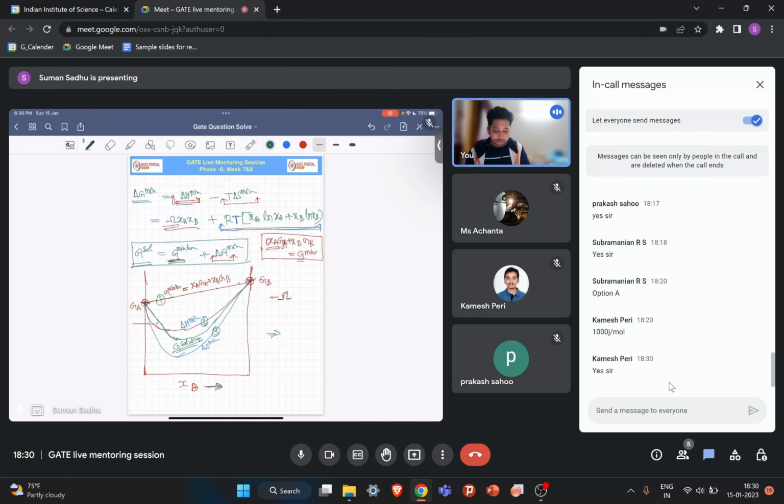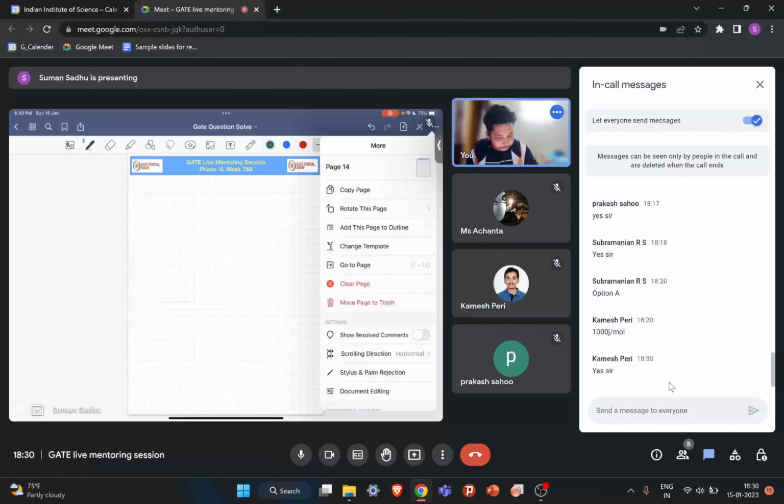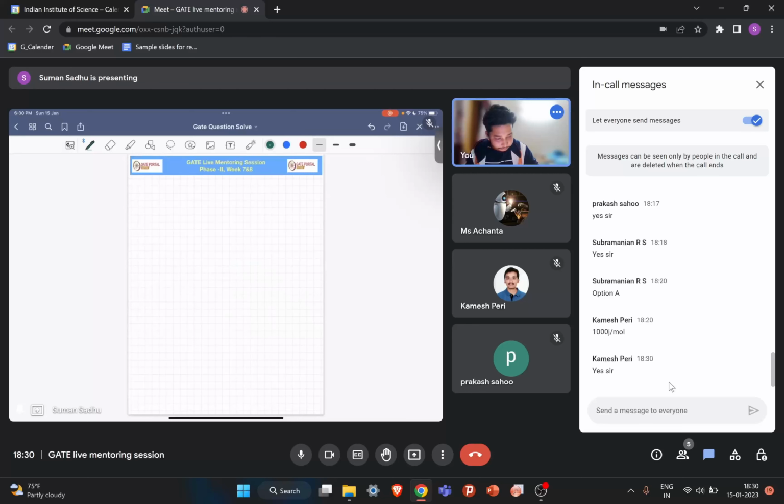Now let us move to the concept of your miscibility gap. So first let us draw the delta G mixing only.